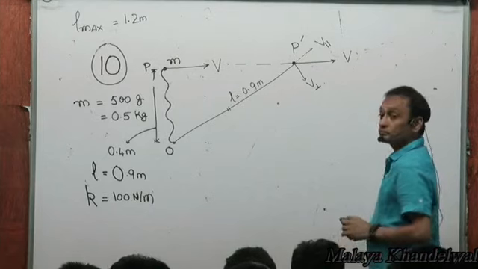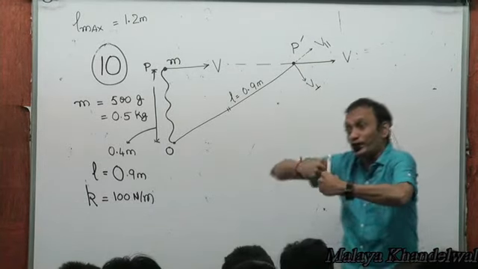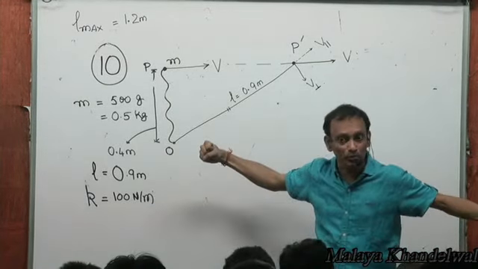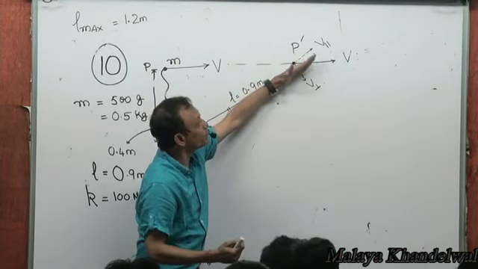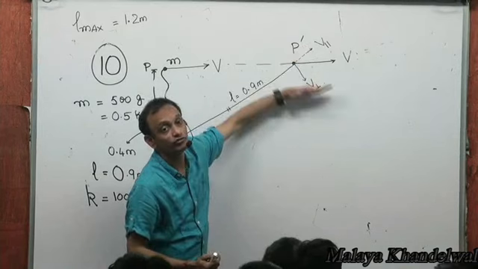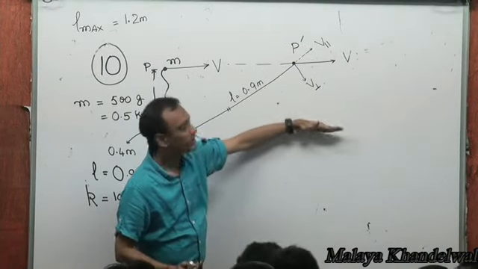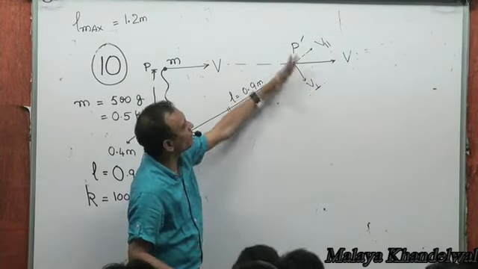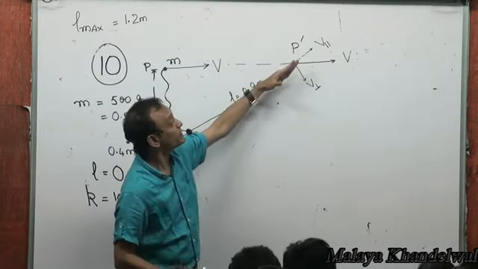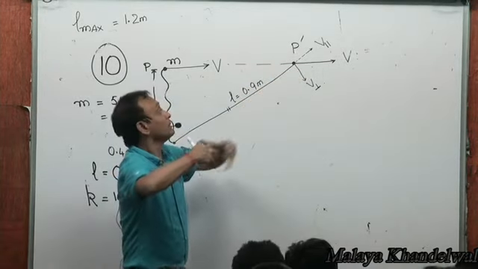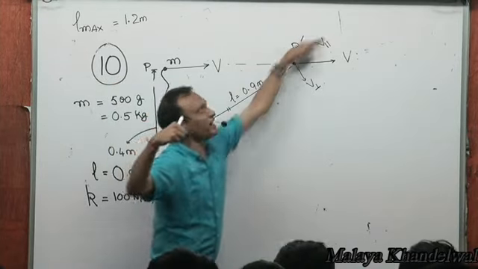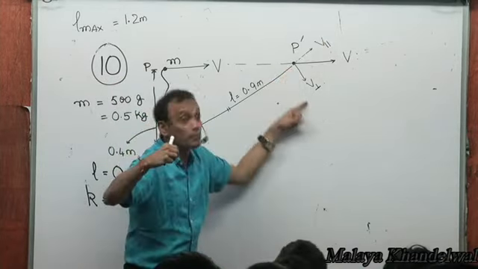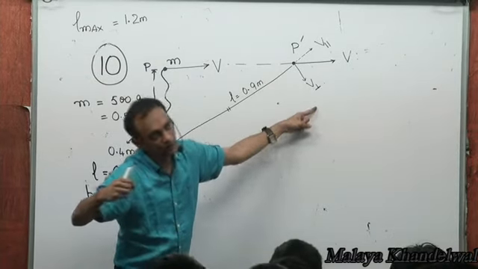The parallel component would elongate the cord, whereas the perpendicular component would cause the point P to move in a circular trajectory. Had it been only for V perpendicular, it would have moved in a circular trajectory. But now it's a combined effect. There is a radial movement of the point P, and a perpendicular movement of the point P. Yes or no?